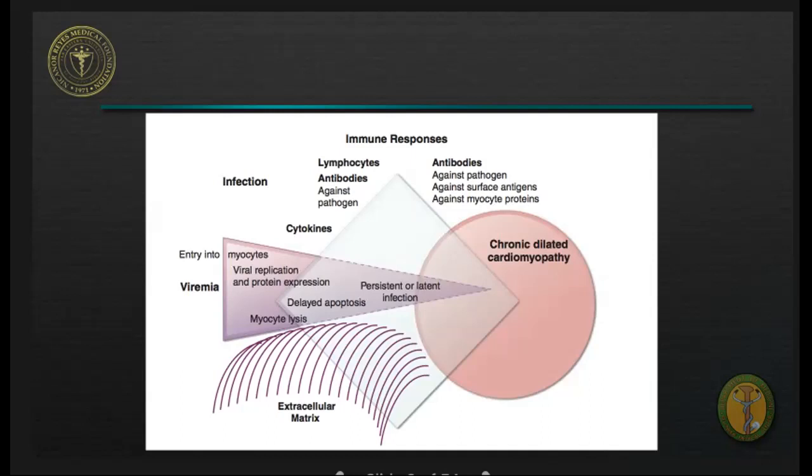It is not known to what degree persistent infection and or ongoing immune responses contribute to ongoing myocardial injury in the chronic phase. So from the stage of viremia, during the infectious stage, it will progress into a persistent or latent infection and eventually to chronic dilated cardiomyopathy.